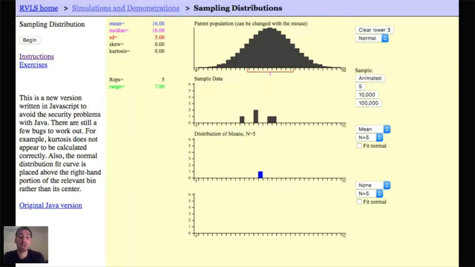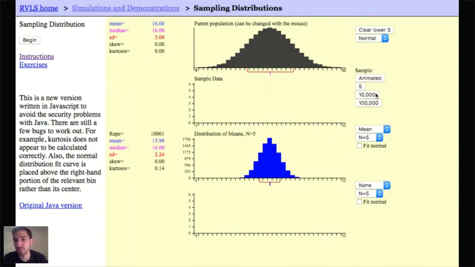And a sampling distribution is all of the X bars you get from all of the different samples you pull. So if I pull 10,000 samples, the blue graph now has 10,000 X bars graphed on it, all of the same sample size, in this case, n equals 5 people, from the original population. Whew, lots of vocab terms.